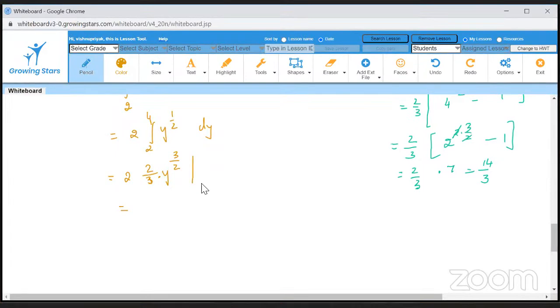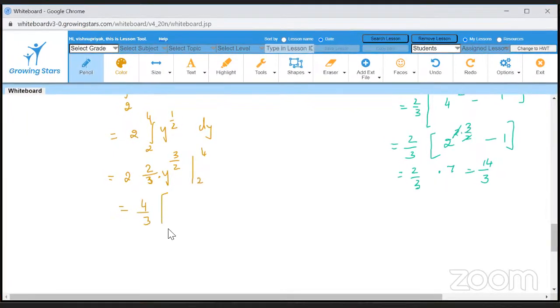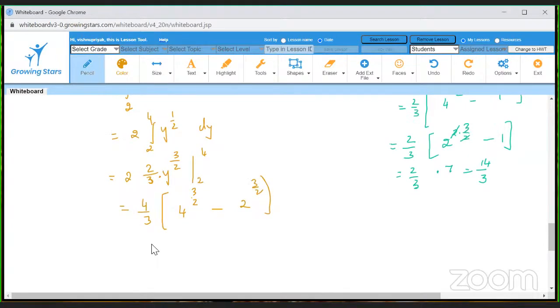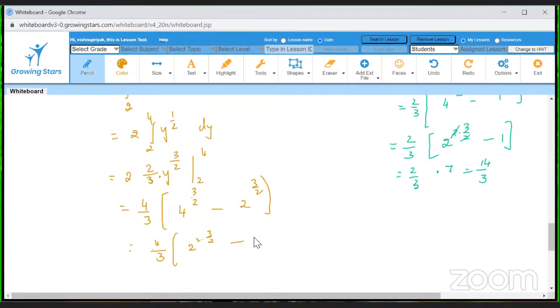So after that you have to plug in, so 4 by 3, and then when you plug in 4 power 3 by 2 minus 2 power 3 by 2. So 4 by 3 into 4 power 3 by 2 is 2 square power 3 by 2, minus 2 power 3 by 2.